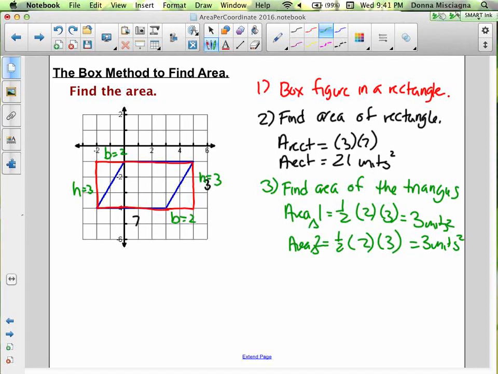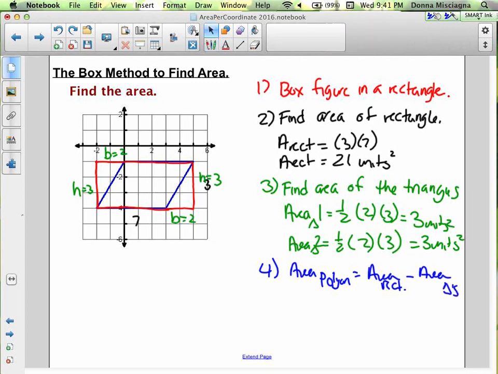All right, we only have 1 step left. Let's take the area of the polygon equals area of the rectangle minus area of the triangles. So the area of the polygon is going to be the rectangle, which was 21, minus the area of the triangles.